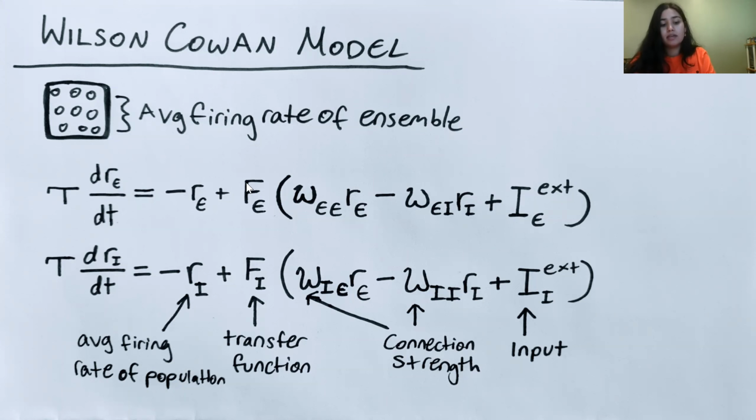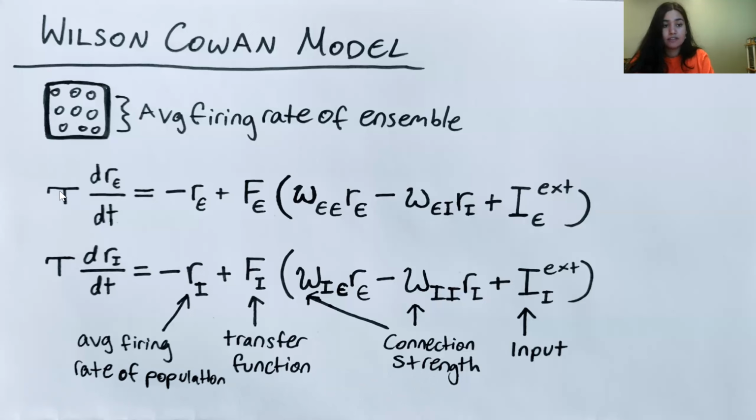So what's happening is that this function, R sub E of t, is the average firing rate of the excitatory population at any time t. And this one is the average firing rate of the inhibitory population at a time t.